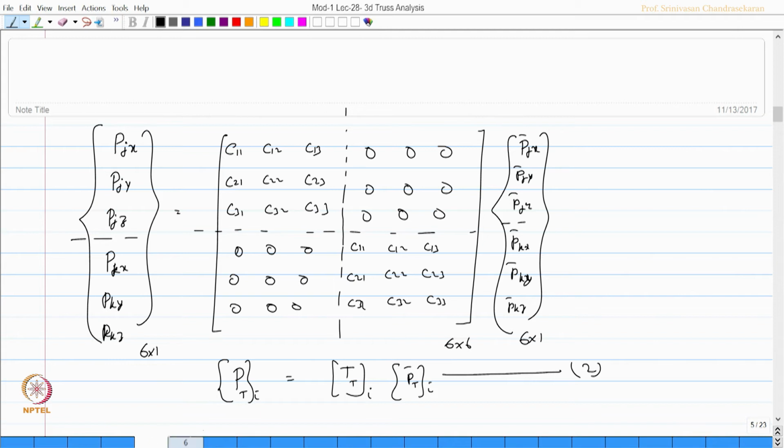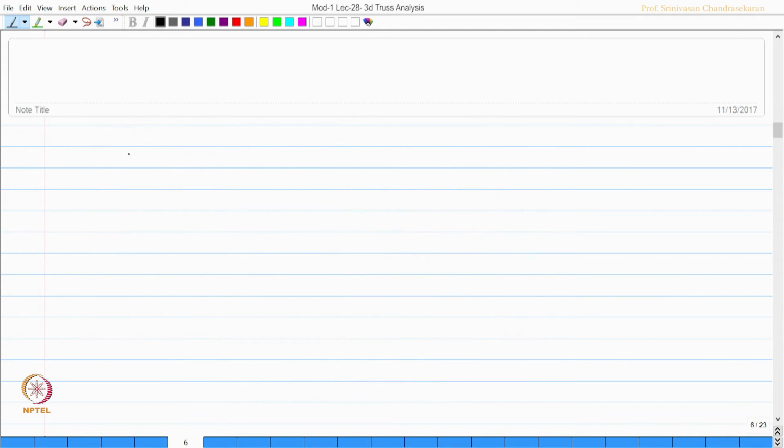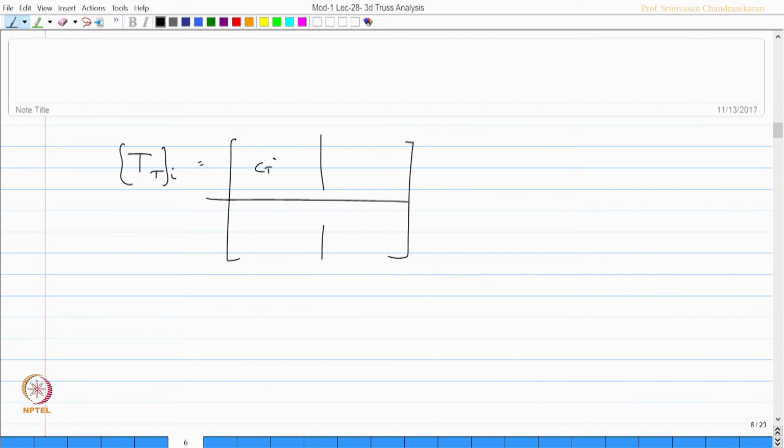I can also expand this matrix as T of the truss member of every member, simply C T I 0 0 and C T of the ith member. So, now with this algorithm we can always say the displacement of the truss member simply is T of the truss member with displacement bar of the ith member.